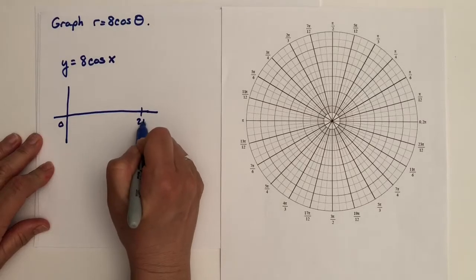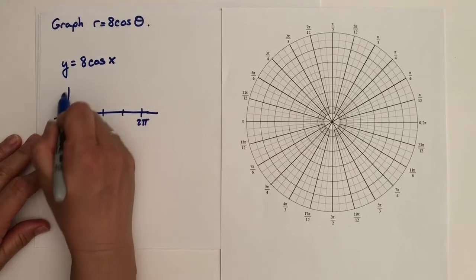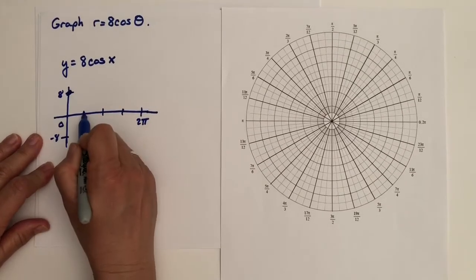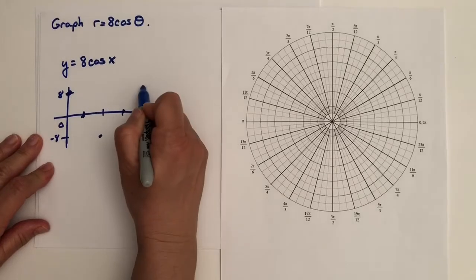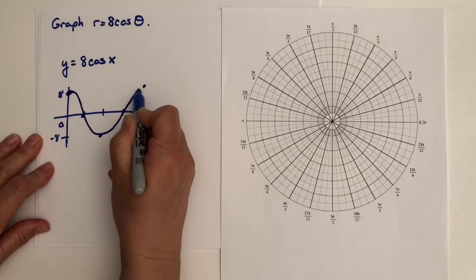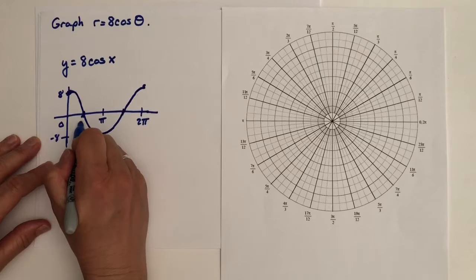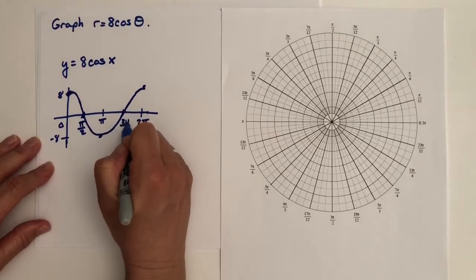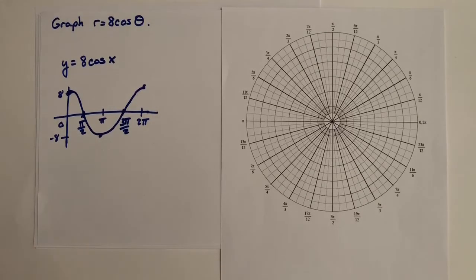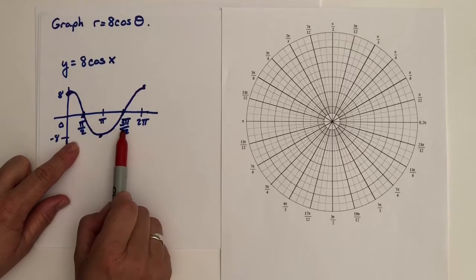0 to 2 pi. We know that it looks like this. Amplitude is 8. So it's up here, down here, and our graph looks like this. Here's pi. Here's pi over 2. Here's 3 pi over 2. Remember the places where the graph crosses the x-axis.